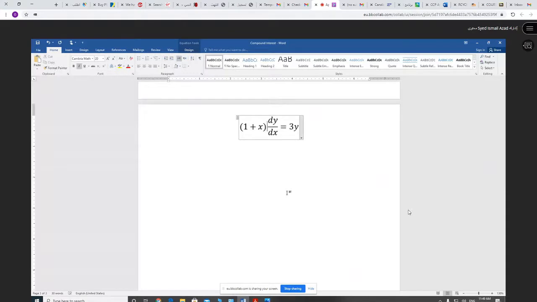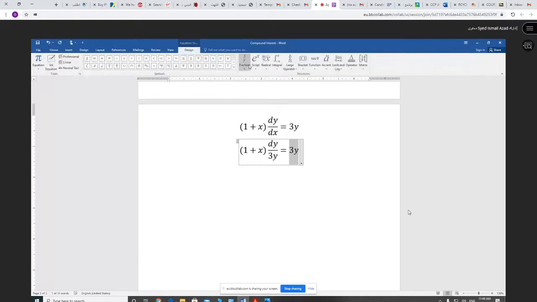Bring y on one side and dx on the other side. So 3y, when you bring it to the left-hand side, it will go down. 3y will come here.